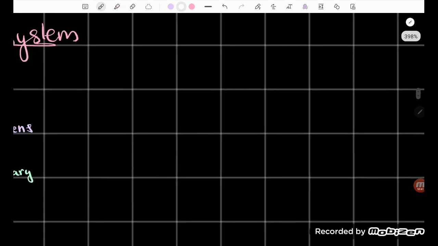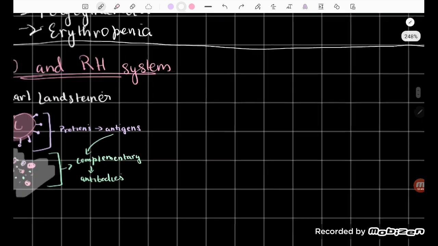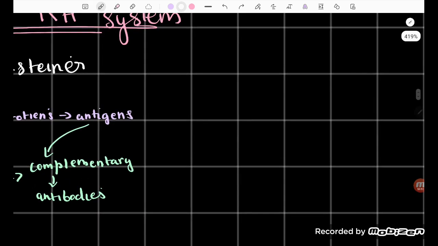Act as if this is a table. There are different types of blood groups based on this. He finds two antigens, A and B, and corresponding to these he finds antibodies A and B.